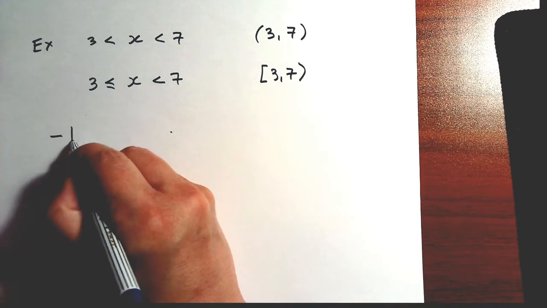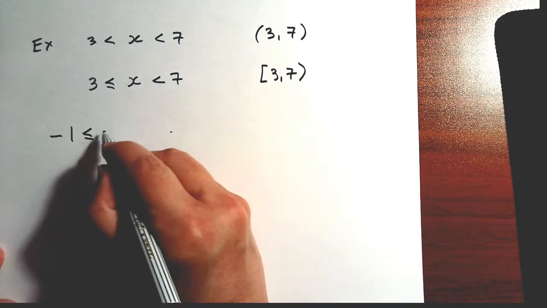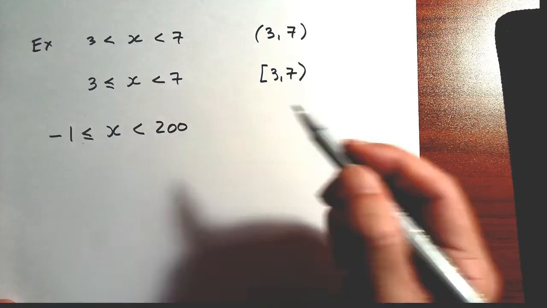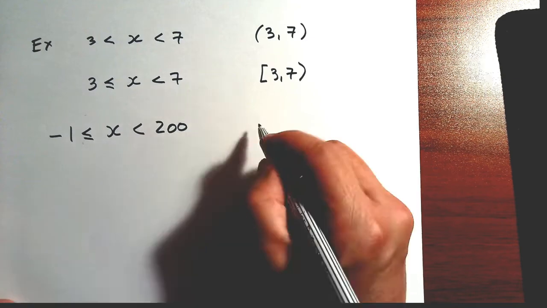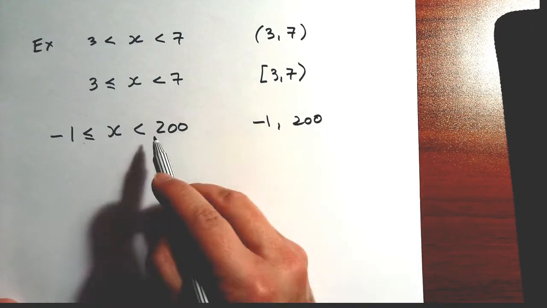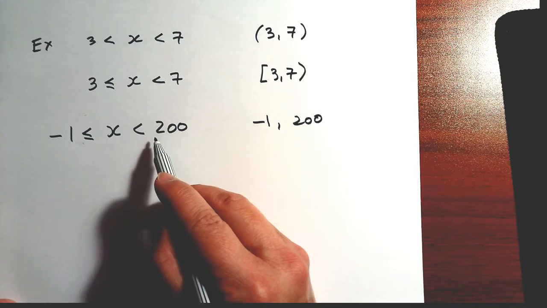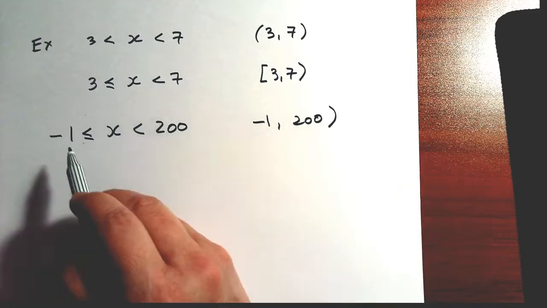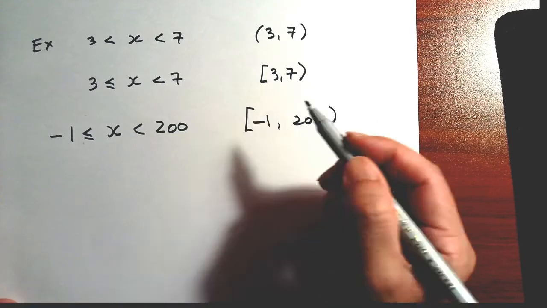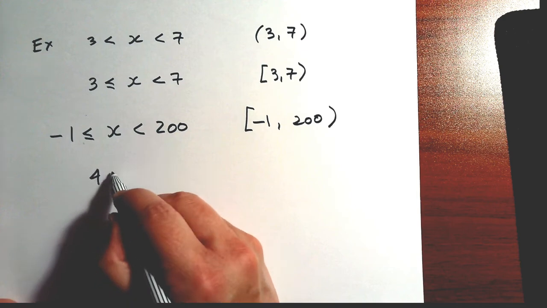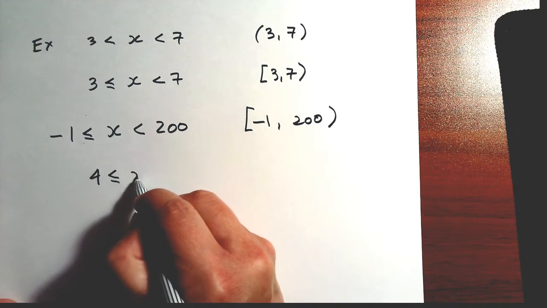Another example, minus 1 less than or equal to x less than 200. So you're going from minus 1 to 200. This would be exclusive, so round brackets. Inclusive, square brackets. How about 4 less than or equal to x?